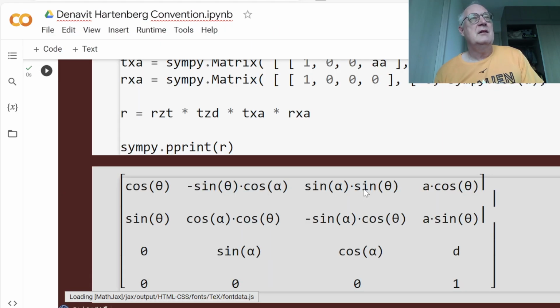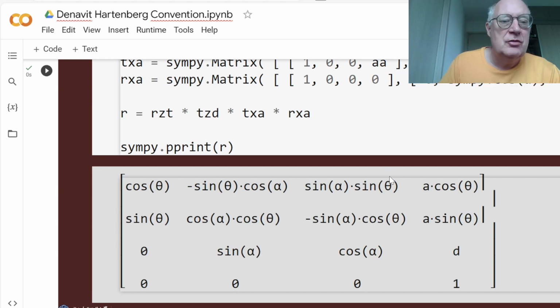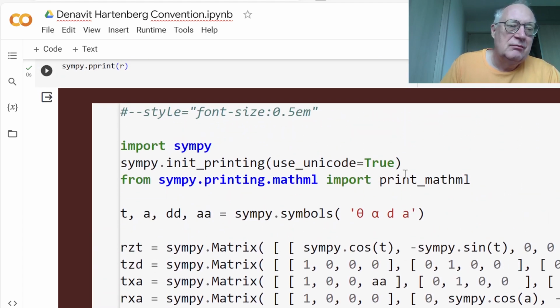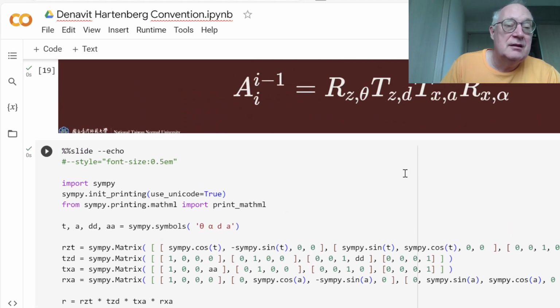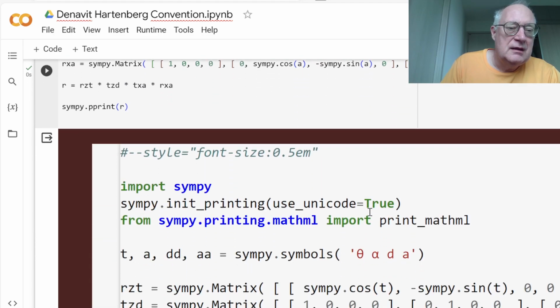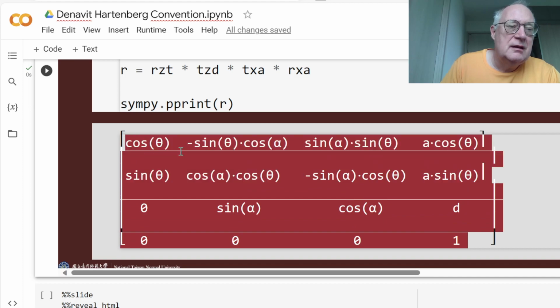So now if you don't want to calculate the Denavit-Hartenberg convention by generating 4 matrices and then calculating the dot product of those, the matrix multiplication, then of course you can also expand it symbolically, and then you can generate this matrix in one step by calculating the corresponding products here and then generating your matrix.